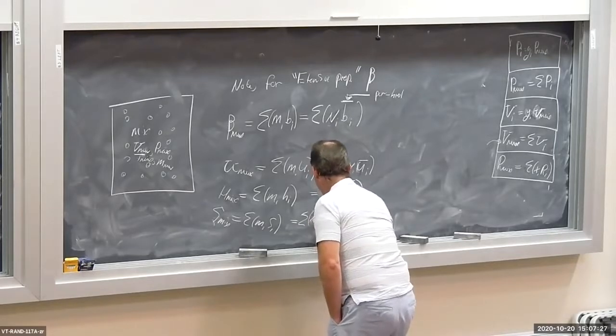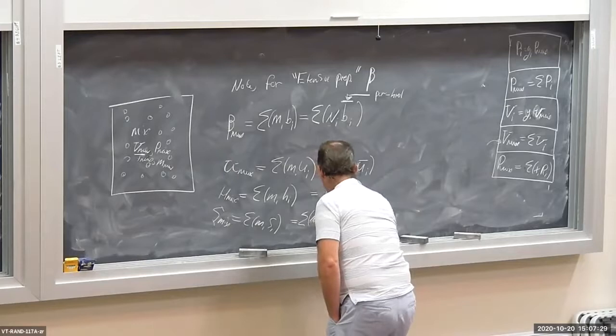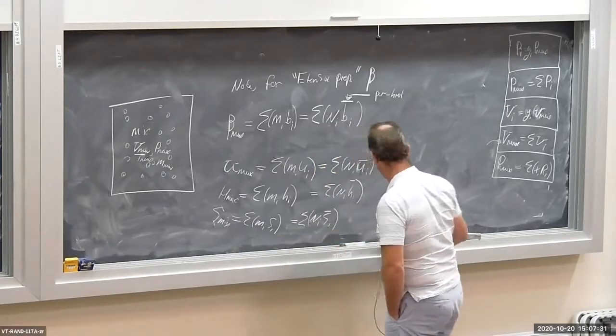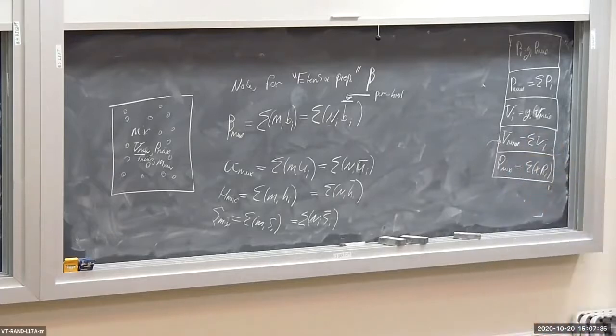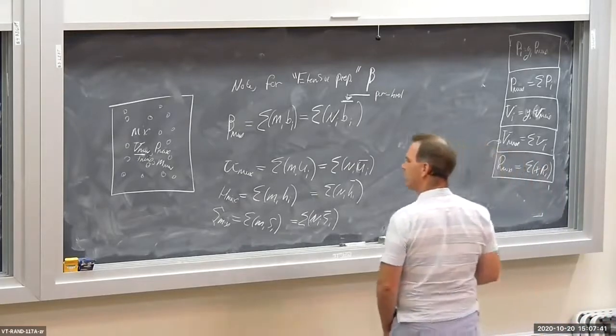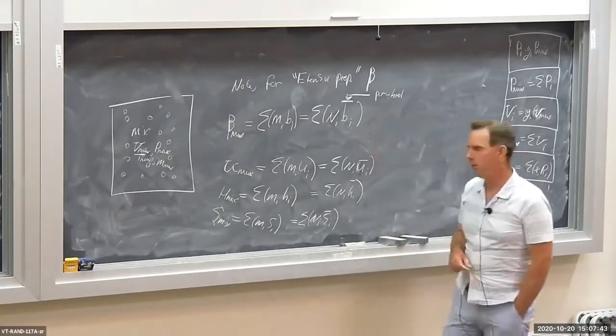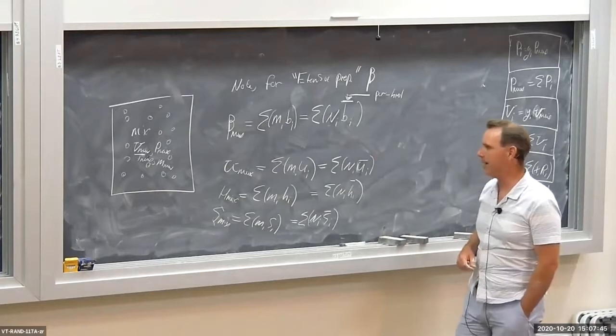N sub I, S bar sub I. So I just sum up the entropy, enthalpy, and internal energy of each component, and I get the total mixture internal energy, enthalpy, and entropy.